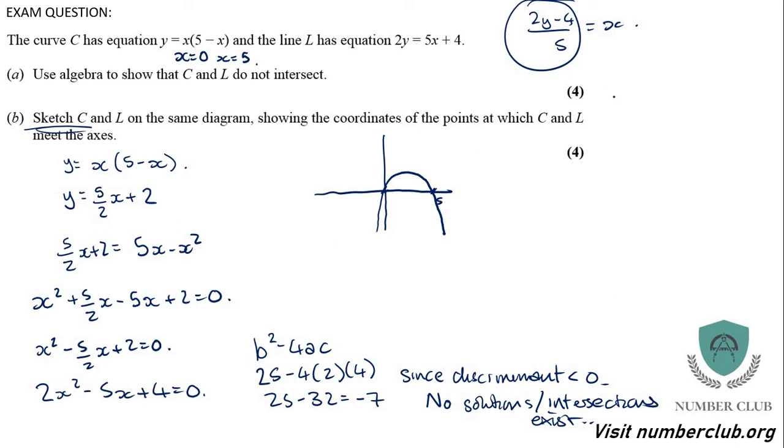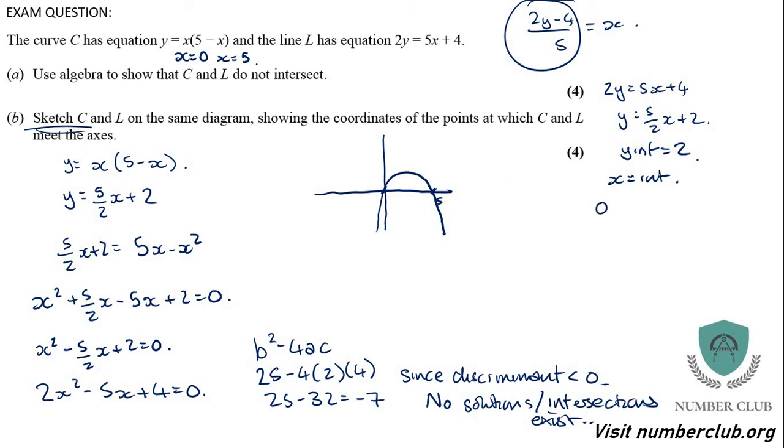So let's take a look at it. We've got 2y equals 5x plus 4, so y equals 5 over 2x plus 2. We want to meet the axes, so the y-intercept is 2. What's the x-intercept? The x-intercept occurs on the x-axis, so that's when y is 0.